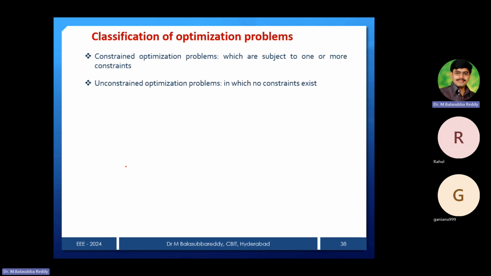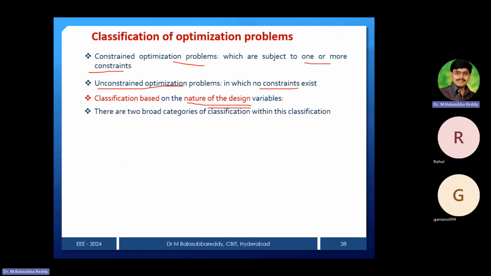Another classification is the constrained optimization problem, which is subject to one or more constraints. It may be an unconstrained optimization problem in which no constraints exist. This is another type of classification. Then there is classification based on the nature of the design variables.